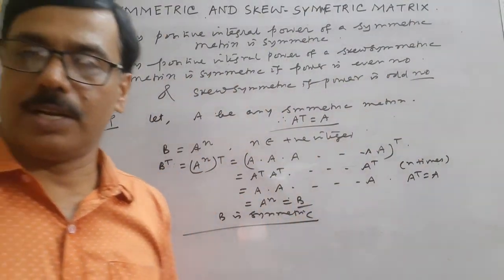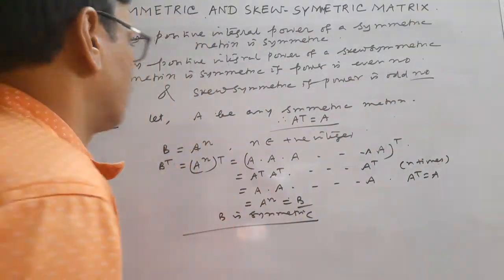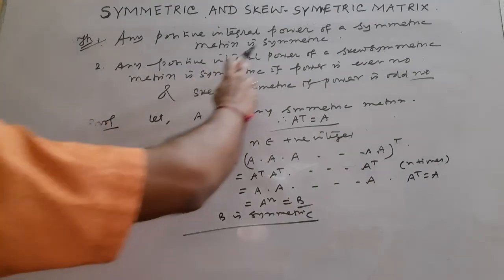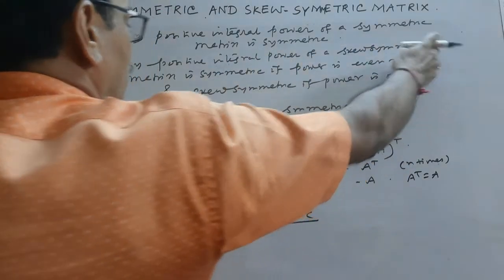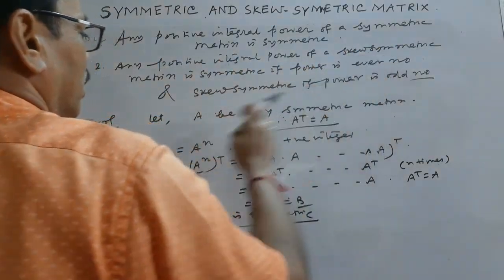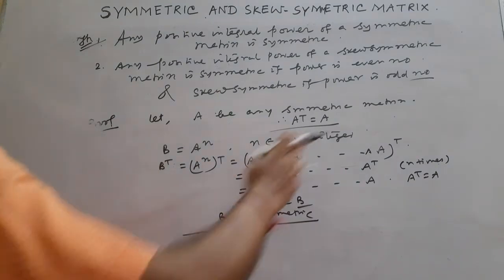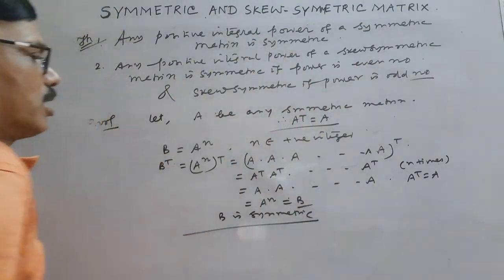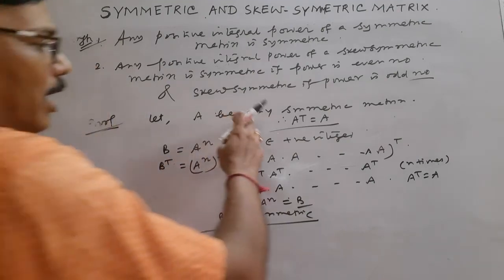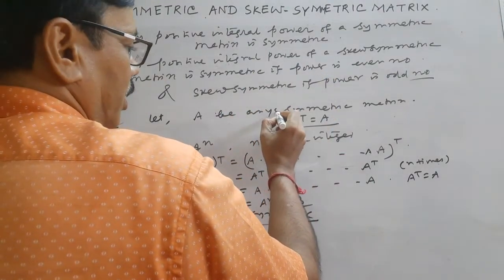So to answer MCQ type questions. Now second one: any positive integral power of a skew symmetric matrix is symmetric if the power is even, and if the power is odd, then it is skew symmetric. So same proof. Let A be skew symmetric.